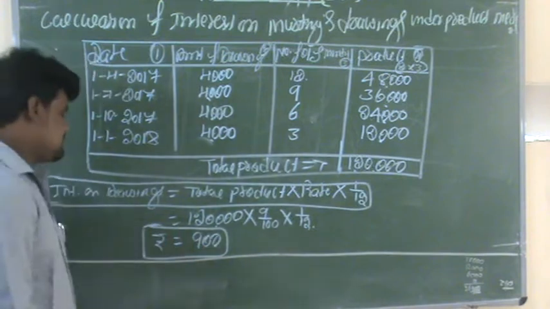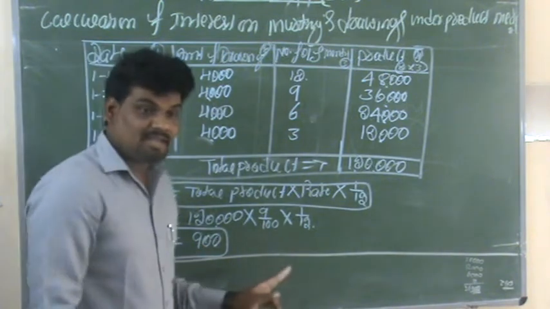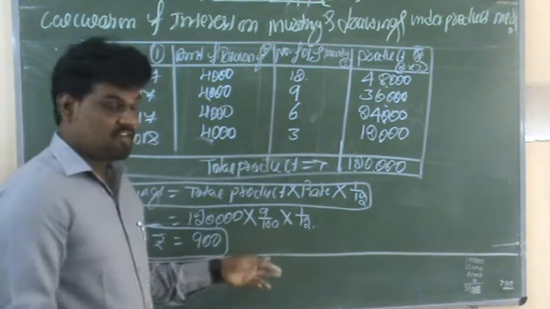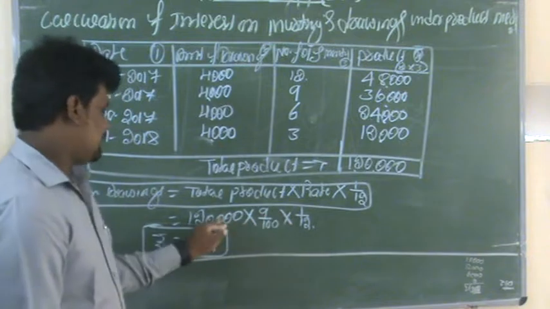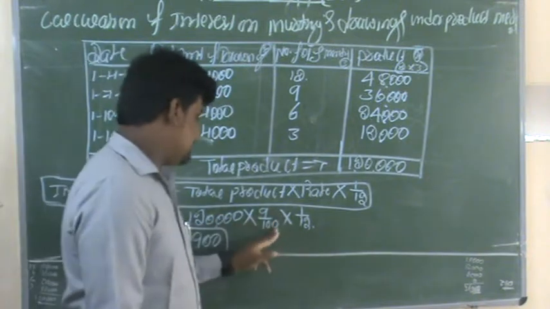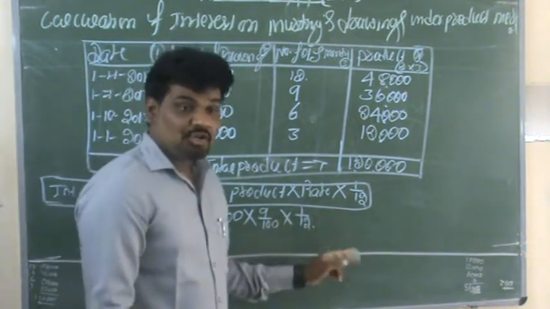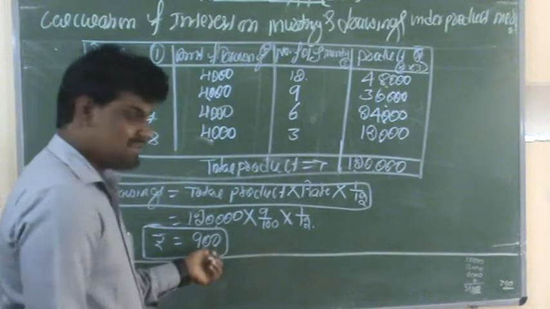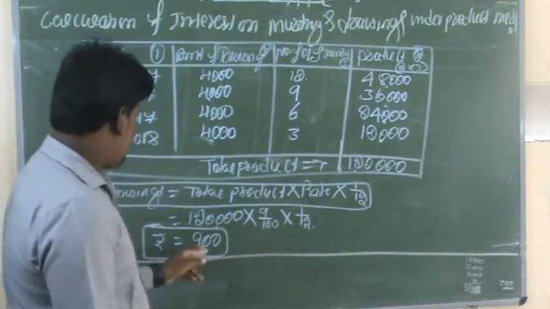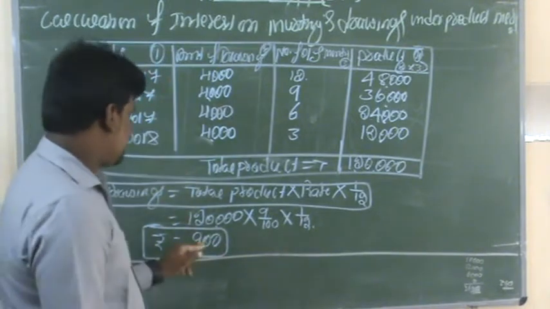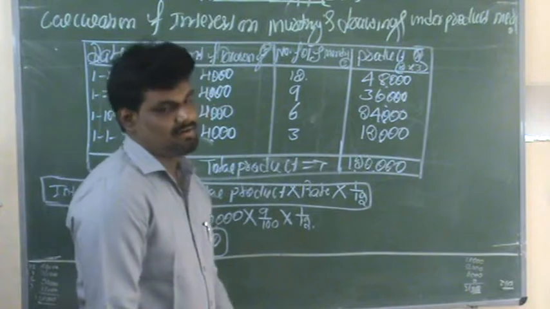Here, interest on drawings will be rupees 900. You will get 900 rupees by multiplying these values: 1,20,000 into 9 by 100 into 1 divided by 12. So you will get 900. This is my final answer. Murthy's interest on drawings will be rupees 900.